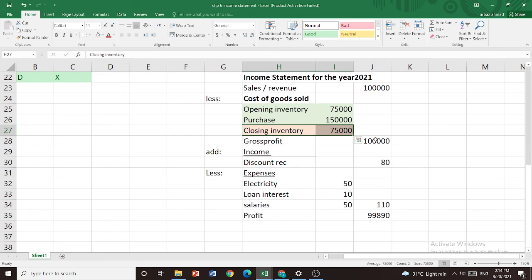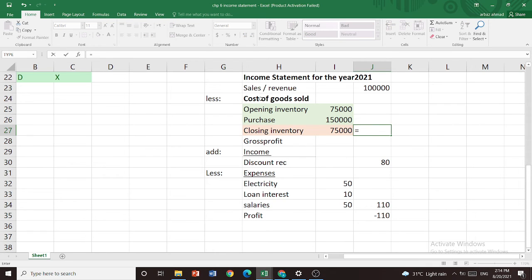That means when you are calculating cost of goods sold, you plus this with this and minus this. Now this is the cost of goods sold.